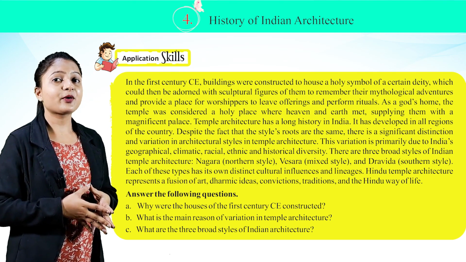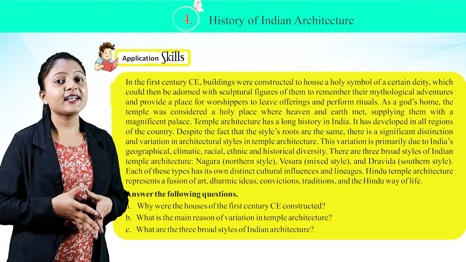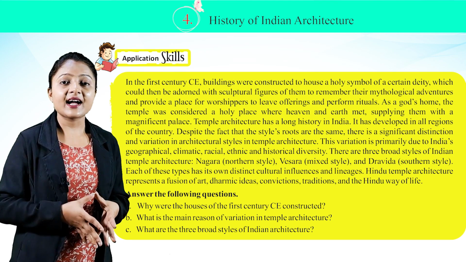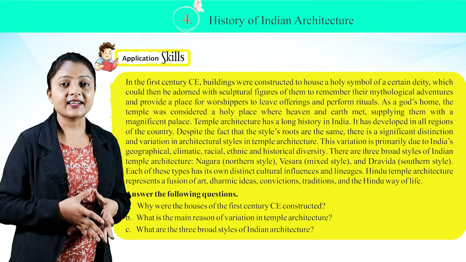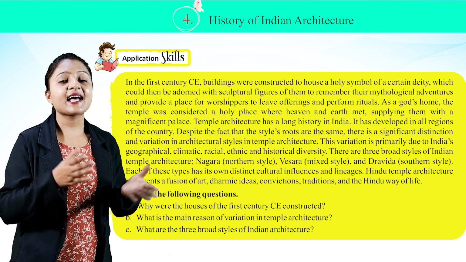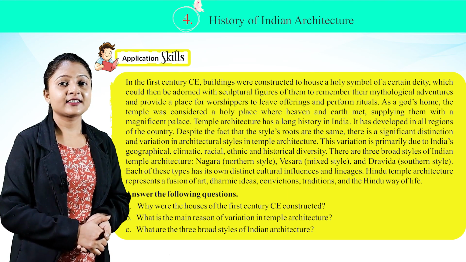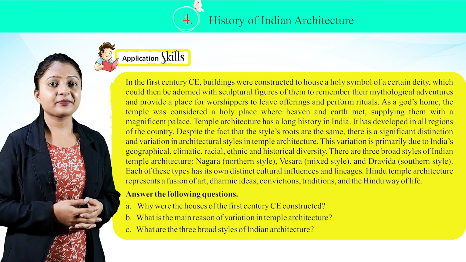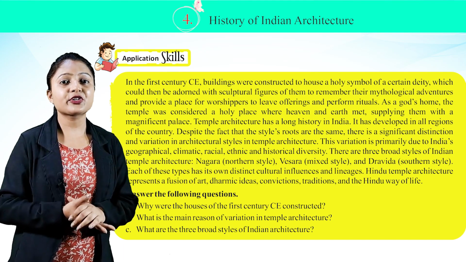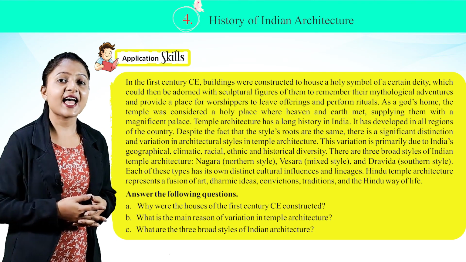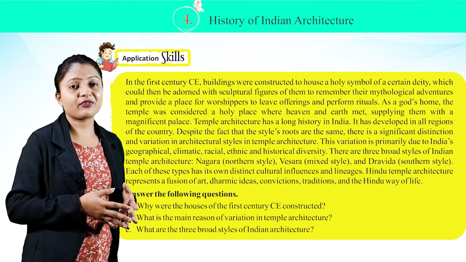There are three broad styles of Indian temple architecture: Nagara, northern style; Vesara, mixed style; and Dravida, southern style. Each of these types has its own distinct cultural influences and lineages. Hindu temple architecture represents a fusion of art, dharmic ideas, convictions, traditions, and the Hindu way of life.